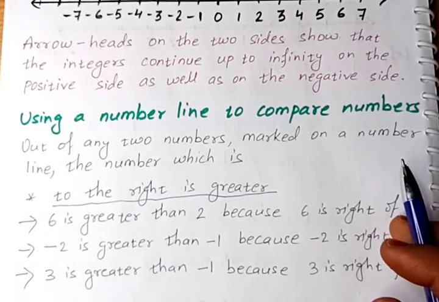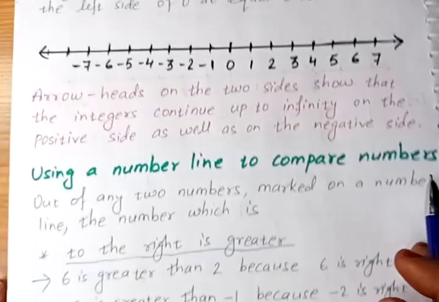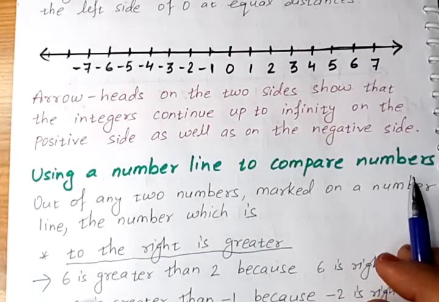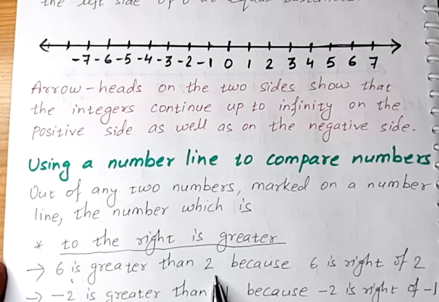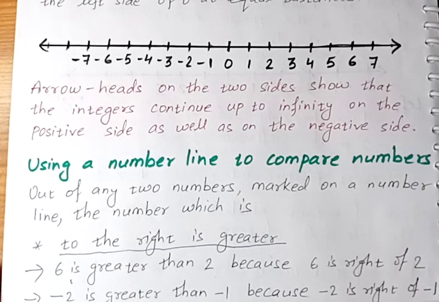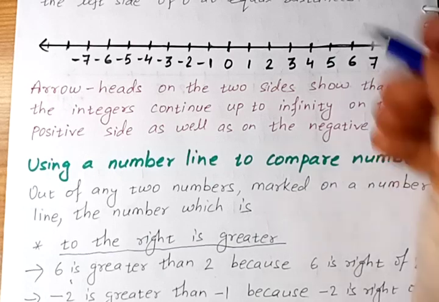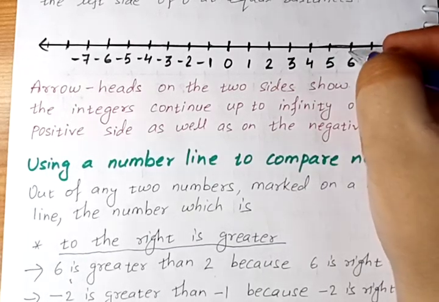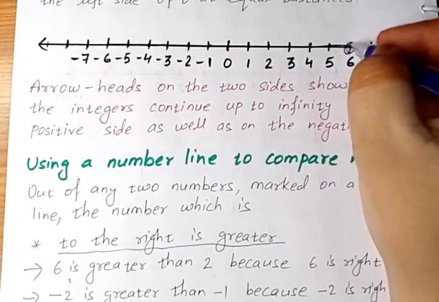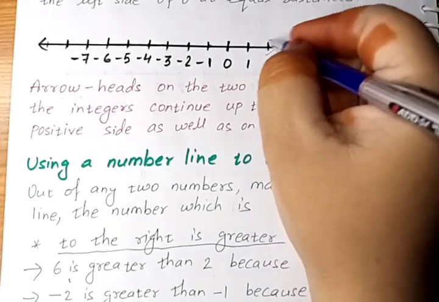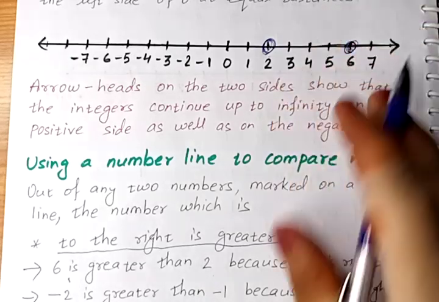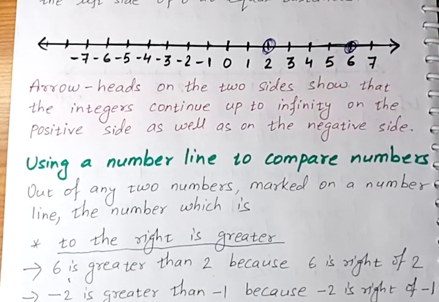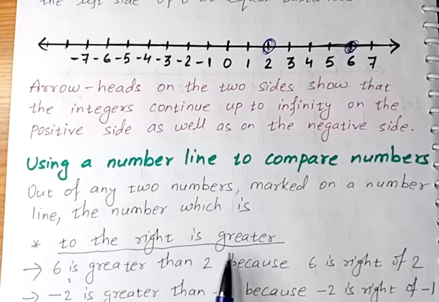So the first rule is, in a number line, suppose the first numbers are 6 and 2. We will mark 6 and 2 on the number line. See children, now I am marking 6. Here is 6 and here is 2. Now you have to compare these two numbers. So what is the rule? The number which is on the right side is greater.